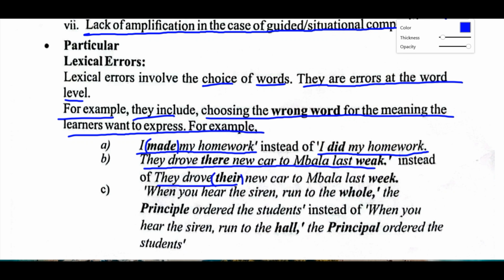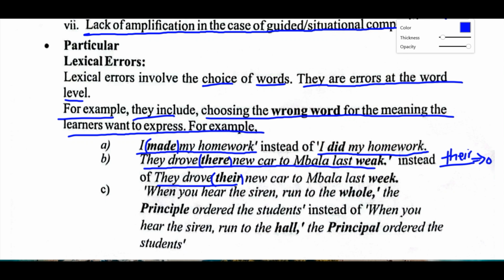Since we want their to show ownership, the their that shows possession, they possess, they have this. The there that was used indicates the place.